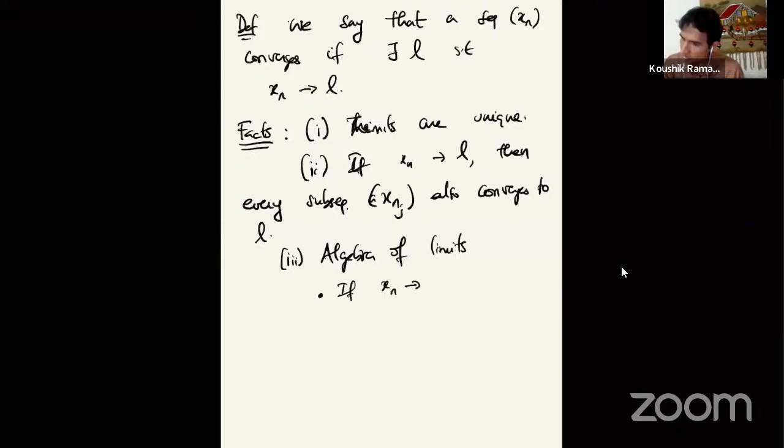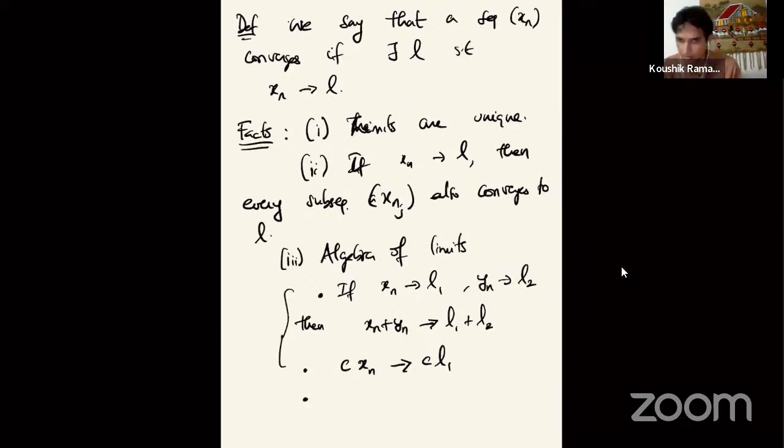If you have one sequence xn going to, say, L1 and yn going to L2, then you can add the two sequences, and the addition of these two sequences forms a convergent sequence with limit L1 plus L2, and so on. And also you can do constant times xn goes to constant times L1. All this under the same condition, that if xn is going to L1 and yn to L2, then xn yn goes to L1 L2.